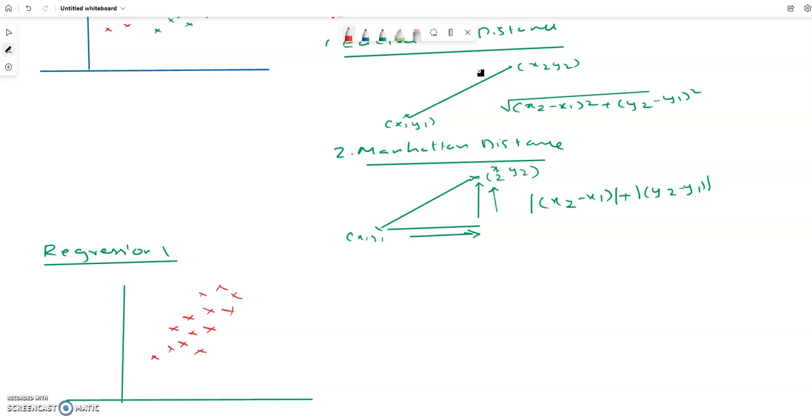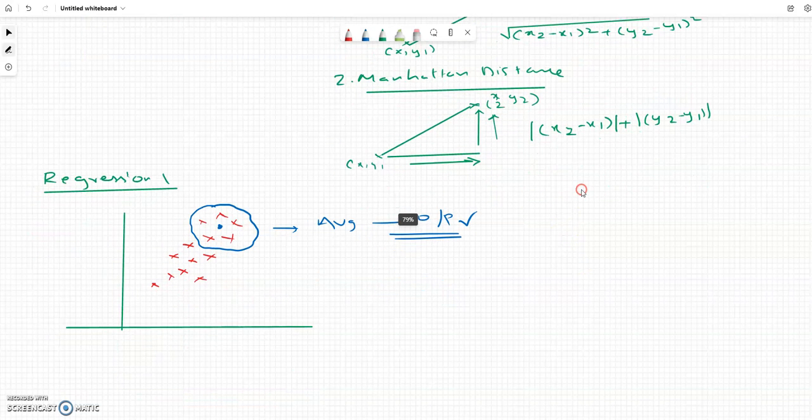Now here in this case, suppose we have our new data point somewhere here. Now it will take the average of 5 such nearest distance points, which is our output. And this is very simple, and this is called a regression problem.